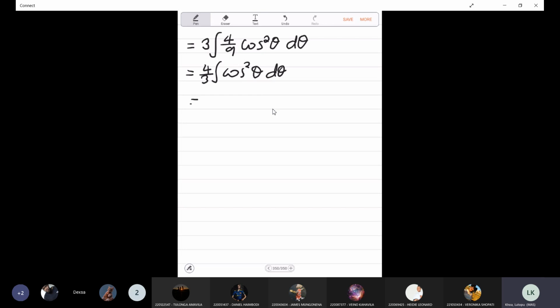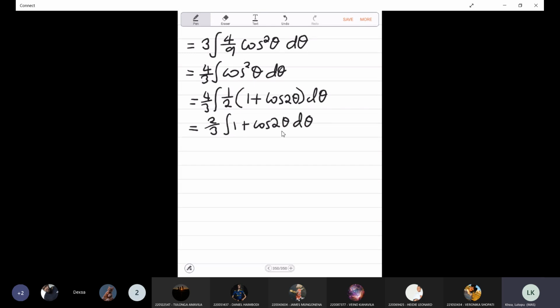So this is 4 over 3, and then a half, 1 plus cos 2 theta d theta. And again, the half and the 4 over 3 can multiply. So I have 2 over 3, integral of 1 plus cos 2 theta d theta.